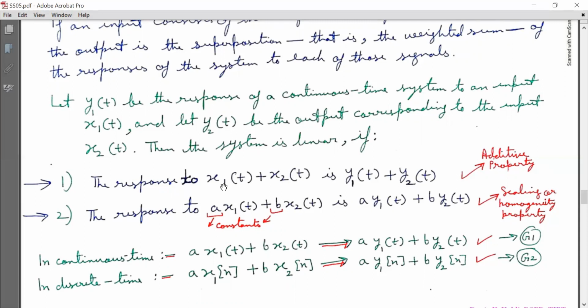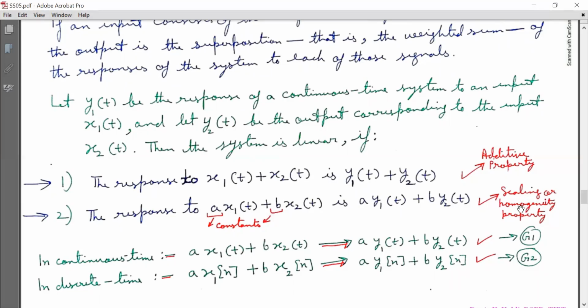Now clearly in one, there is a sum of two input signals, x1t and x2t. The output should be y1t plus y2t. And through the second, if the input is scaled, that is a x1t, a is a constant, b is a constant. So if the input is a x1t plus b x2t, then the output should be a y1t plus b y2t.